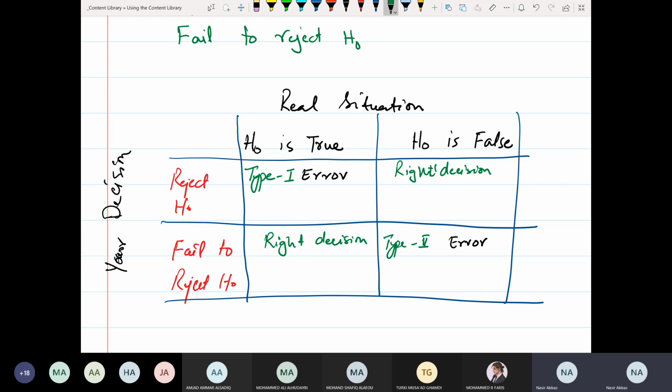So you will not be declaring criminals innocent, but your type 1 error will go high. On the other side, if you are a very lenient, very relaxed judge, your type 1 error will be low. You will not be sentencing the innocent people, but you will be committing type 2 errors. It is impossible to minimize both of them at the same time.